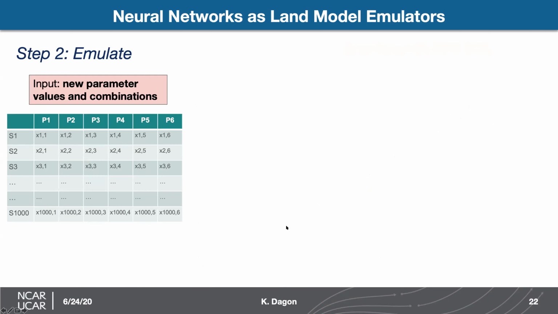So now that we feel like we have a reasonable emulator producing pretty good predictive skill, we can go to step 2, which is emulation. I'll walk through an example of how that works here. In this case, I'm now using 1,000 parameter sets, because it's somewhat arbitrary how many we can use.